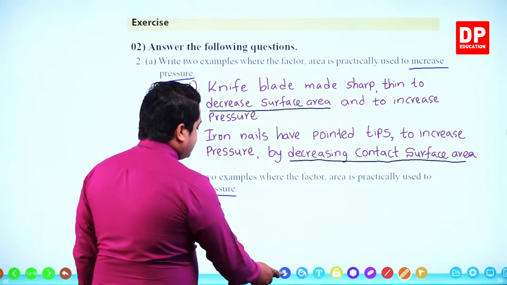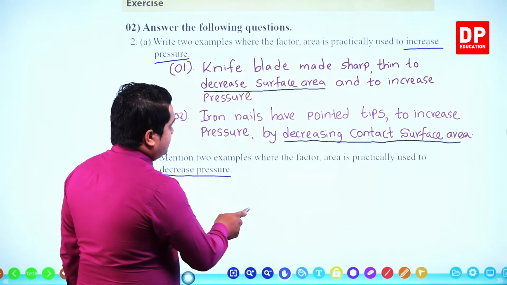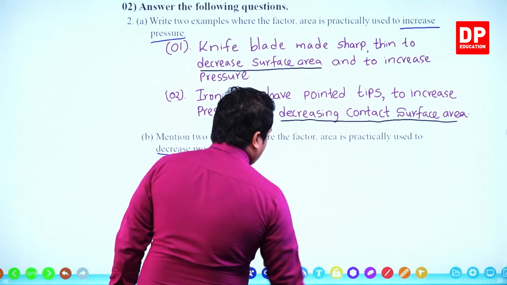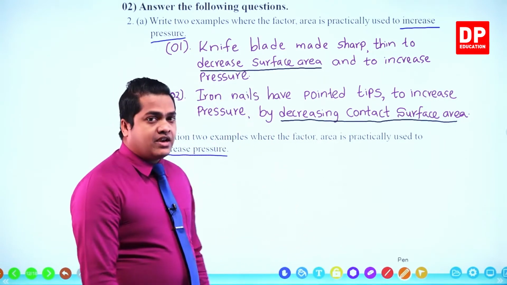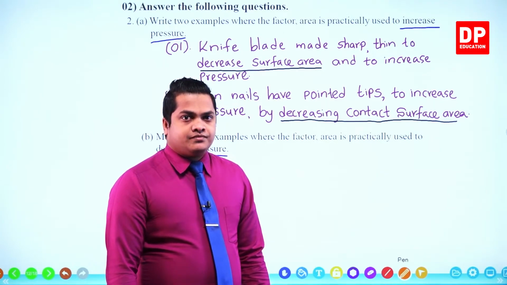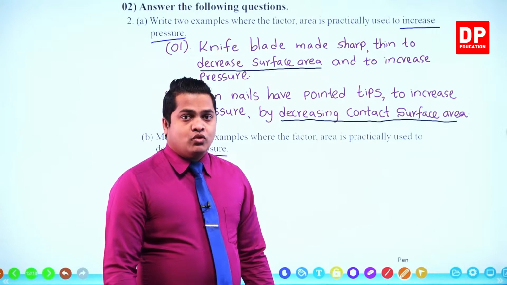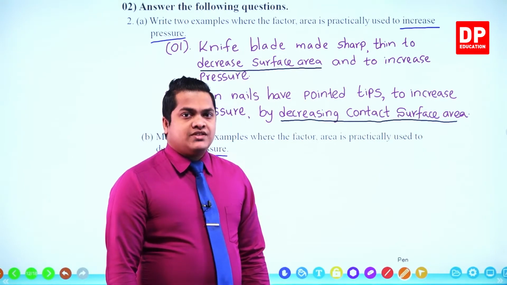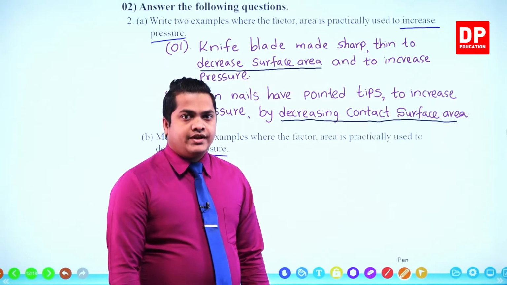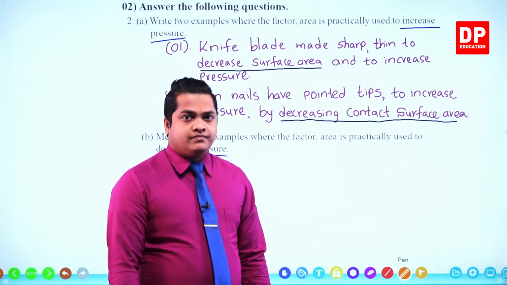Write several cases where the surface area is increased to decrease the pressure to make our work easy. If you take a shoe or a boot, boots have a greater surface area.